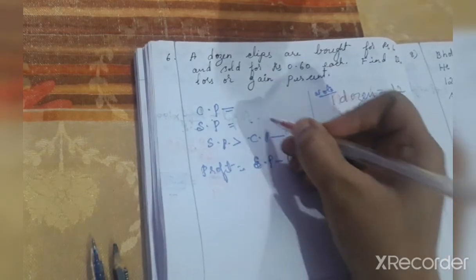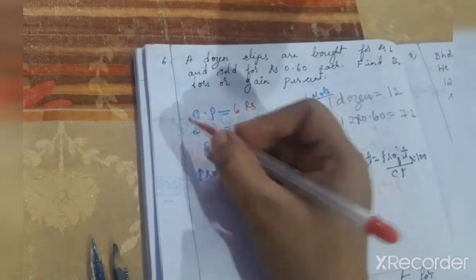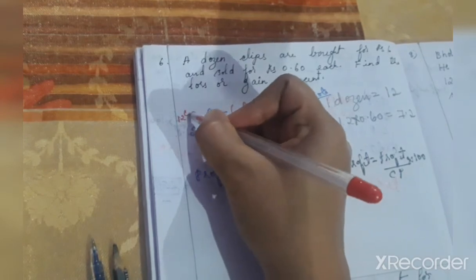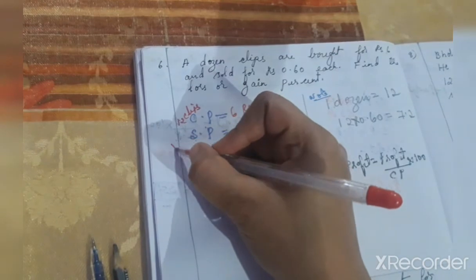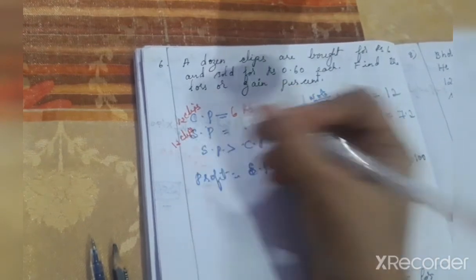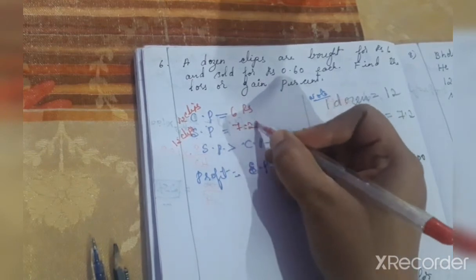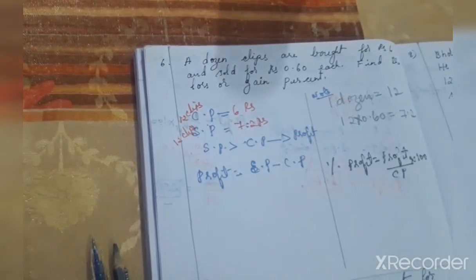Now the cost price for 12 clips is 6 rupees, and the selling price for 12 clips is 7.2 rupees.